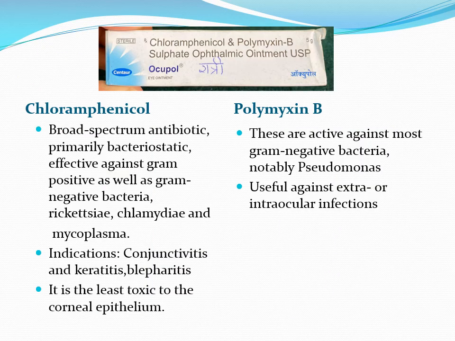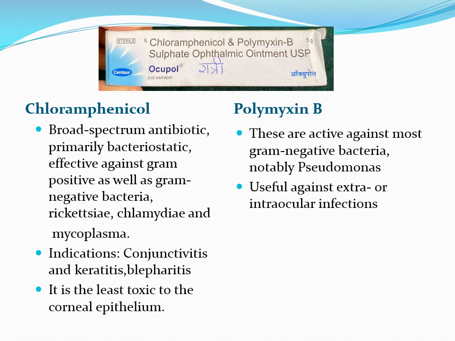Now this is an eye ointment, that is chloramphenicol plus polymyxin B ointment. Chloramphenicol is a broad spectrum antibiotic, primarily bacteriostatic, and is used against gram positive as well as gram negative bacteria, rickettsia, chlamydia, mycoplasma. Indications: it is used in conjunctivitis, keratitis, and blepharitis.